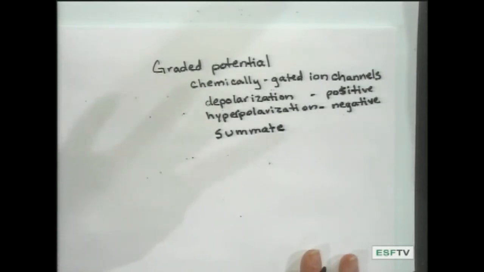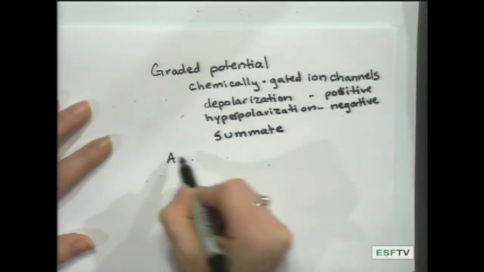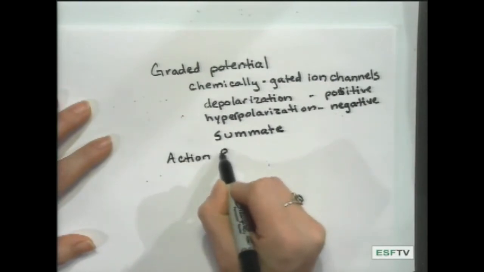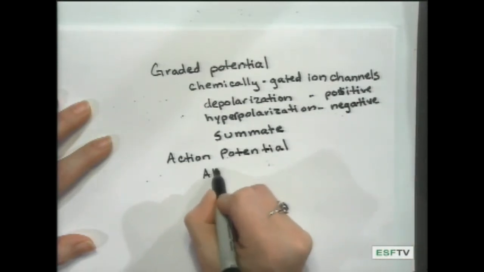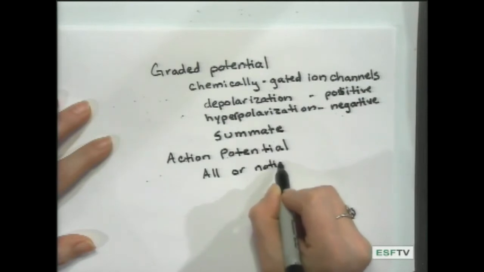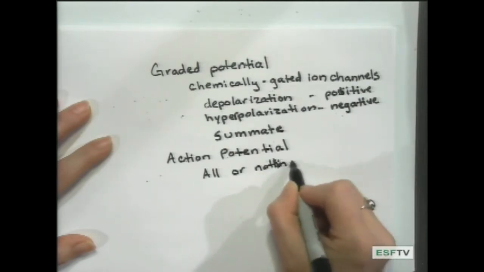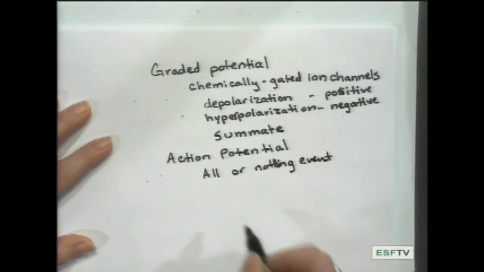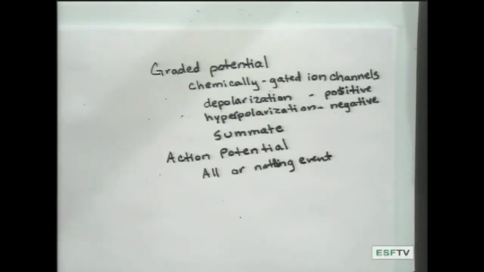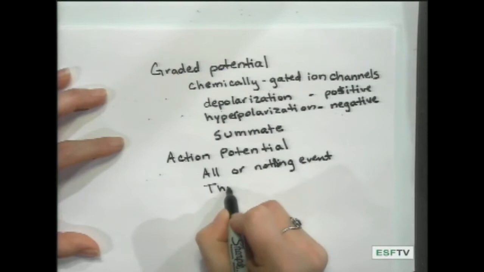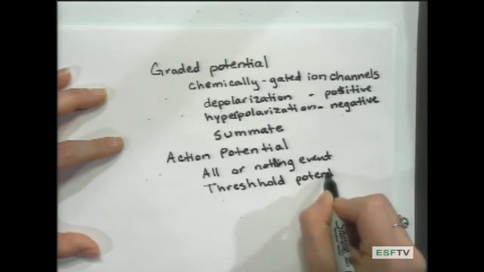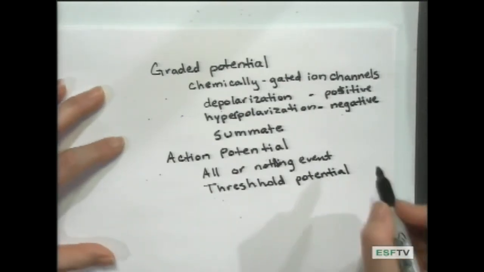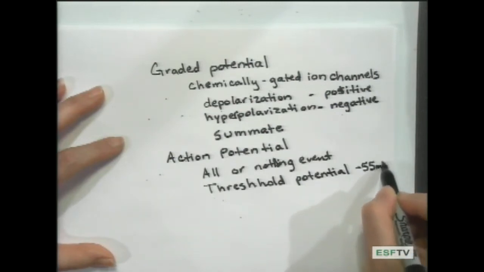Okay? The other kind of potential is an action potential. And this is an all or nothing event. And it's triggered by a threshold potential. And within mammals, that's around negative 55 millivolts.